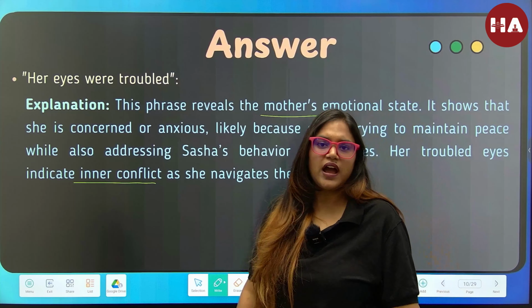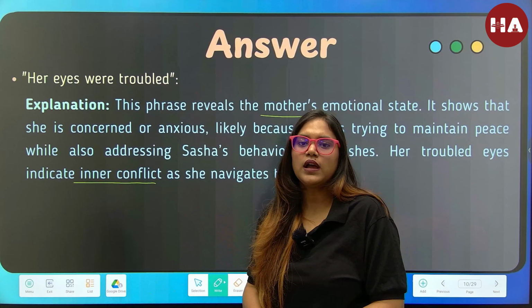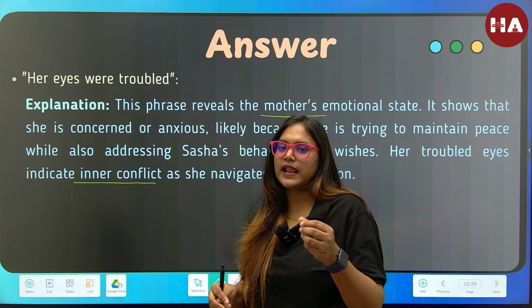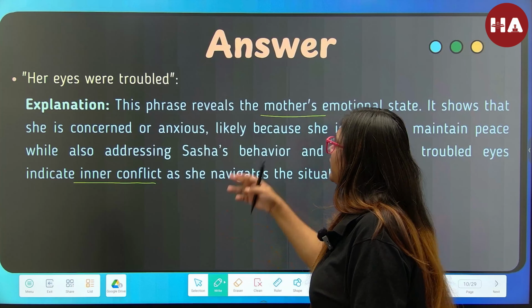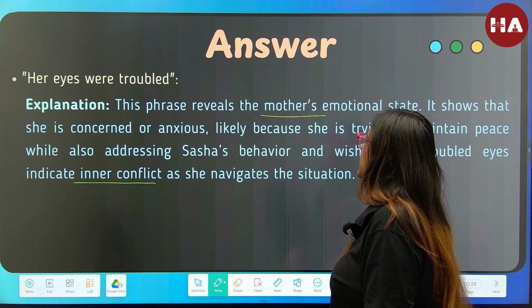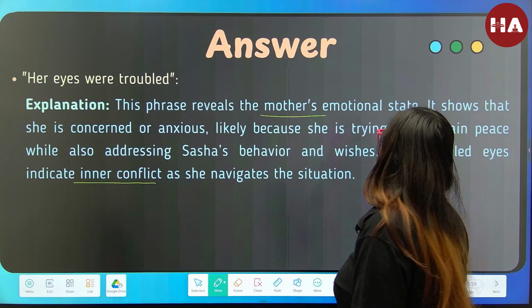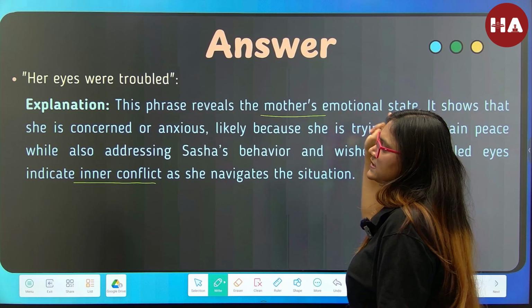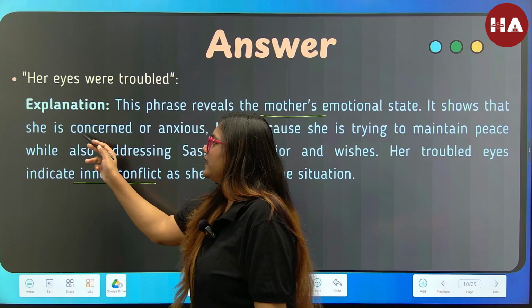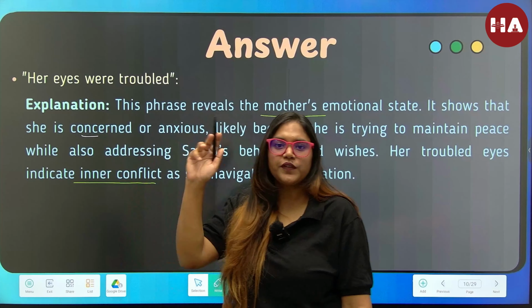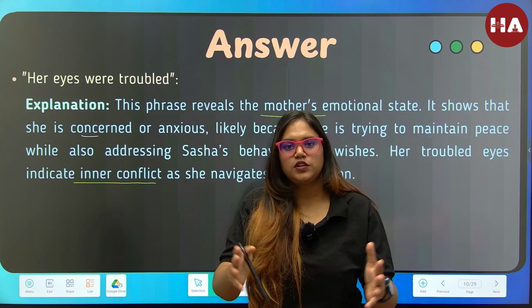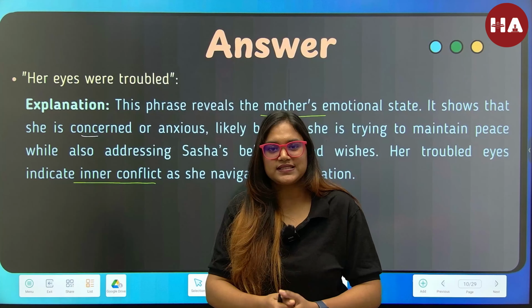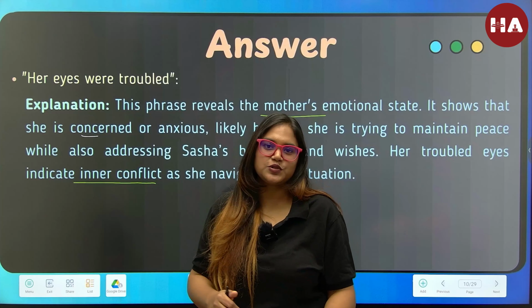You're not supposed to write very long, but you can still write a line or two about her behavior. That her eyes were troubled means that the mother is getting into an emotional state and that she is concerned and anxious. Even if you were able to figure out this much, then you are on the safe side, students. You already are good to go.